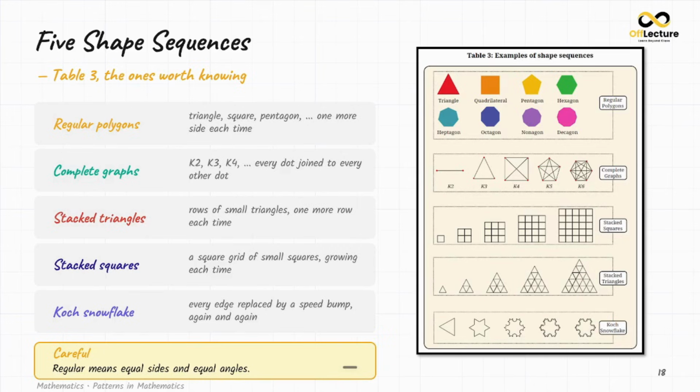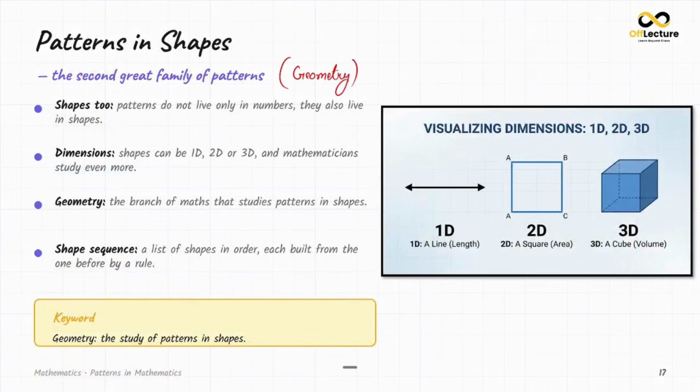Okay, so we will come to this slide, but what I was trying to explain is, this is another great family of pattern, that is patterns in shape, which is known as geometry. So shapes can be in multiple dimensions. Shape can be 1D, it can be 2D, or it can be 3 dimensions also. And mathematicians study even more.